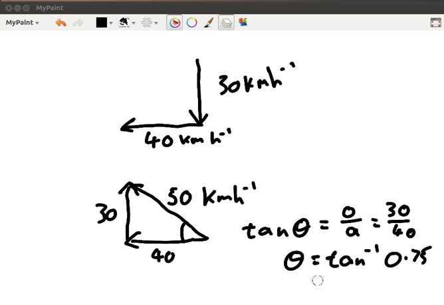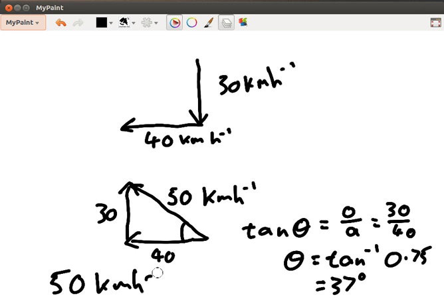You'll find that theta equals 37 degrees. So ultimate answer is 50 kilometers per hour west 37 degrees north. Okay, too easy.